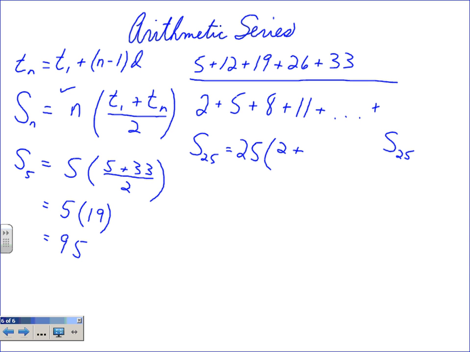Do we know what that is? I don't know what the last term is. I have to find it. And then whatever it is, it's going to be divided by 2. Okay, so let's find the 25th term.